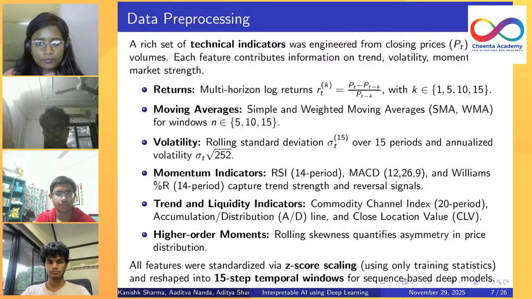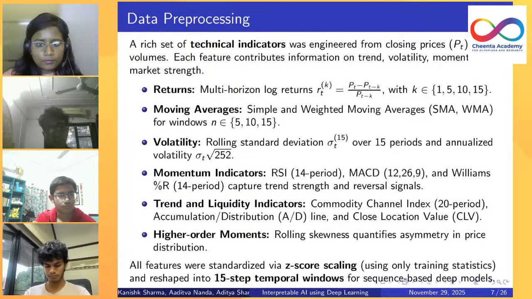The close price series is transformed into multi-horizon log returns, short and medium simple moving averages and weighted moving averages, rolling volatility, realized volatility, oscillators such as RSI, MACD, CCI, Williams %R, accumulation distribution line, skewness, and regime flags based on volatility and long-term moving averages.